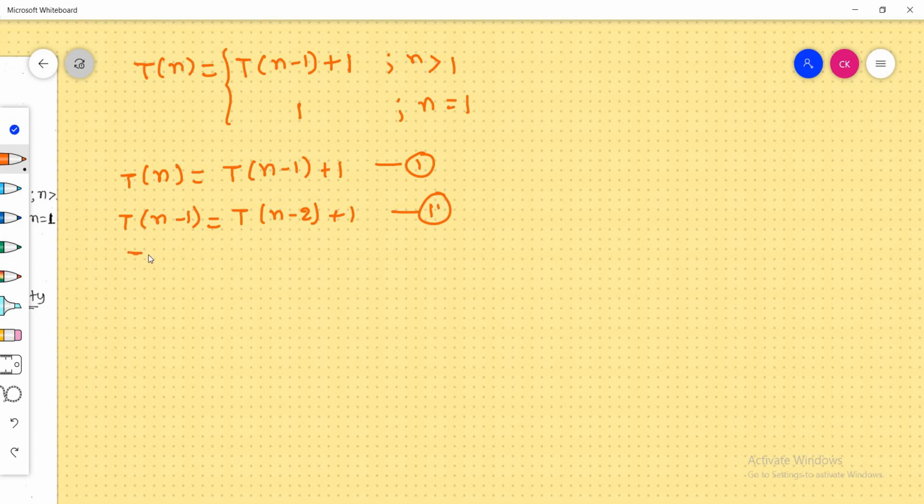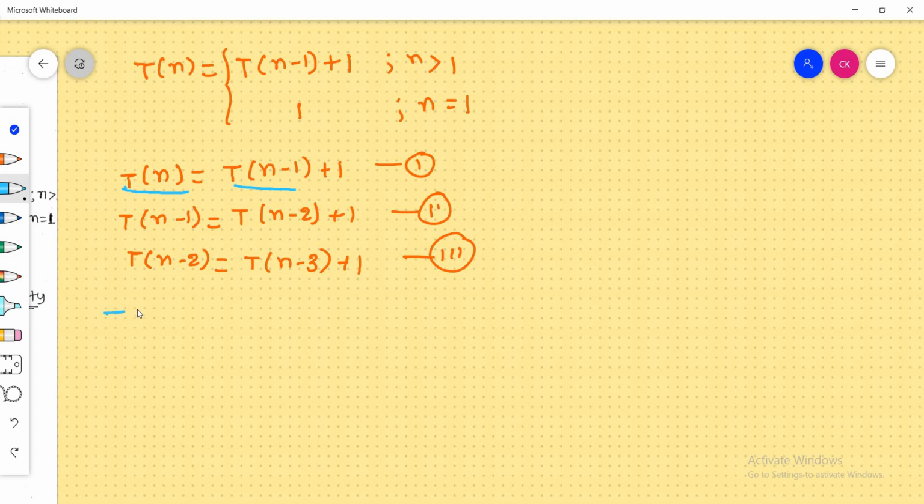Now can we write T of n minus 2 is equal to T of n minus 3 plus 1? This is the third equation. Of course we can write it, because the value of T of n is T of n minus 1 plus 1, so T of n minus 2 is equal to T of n minus 3 plus 1.